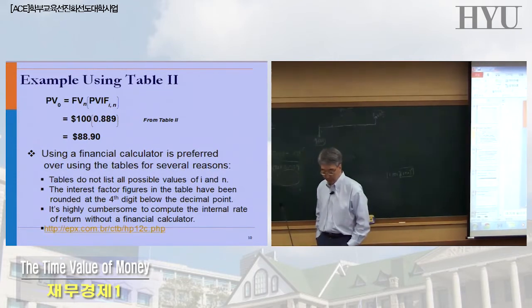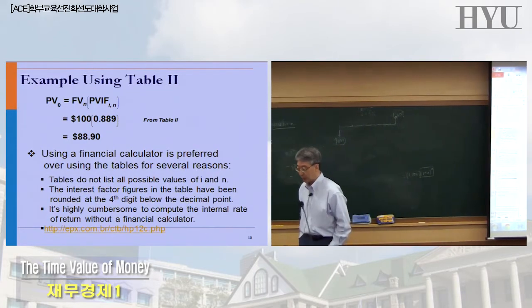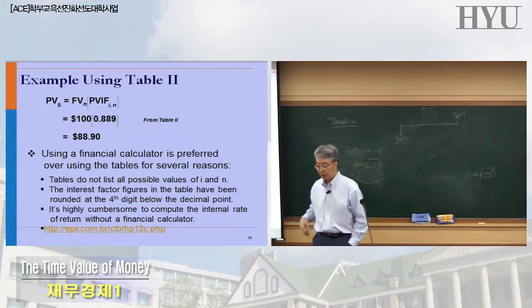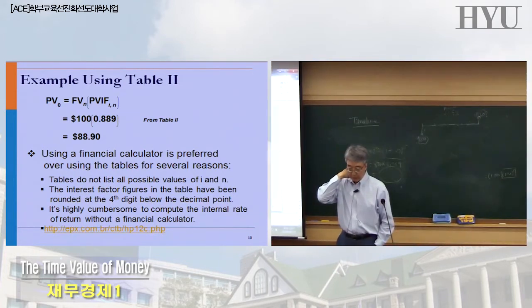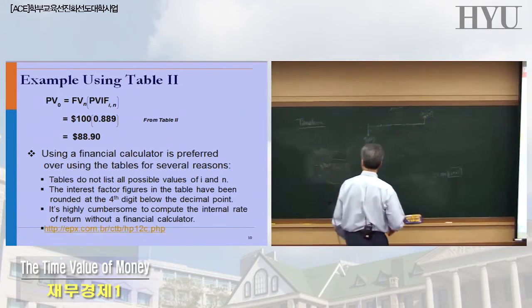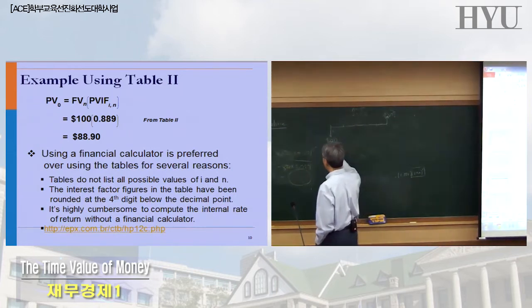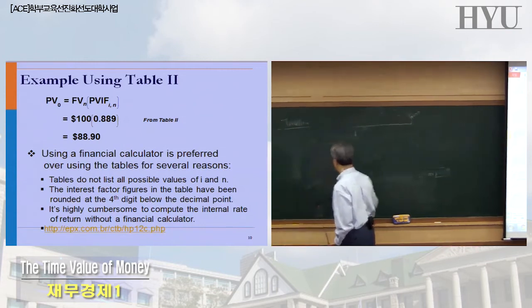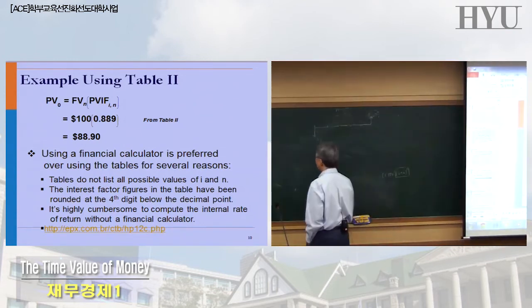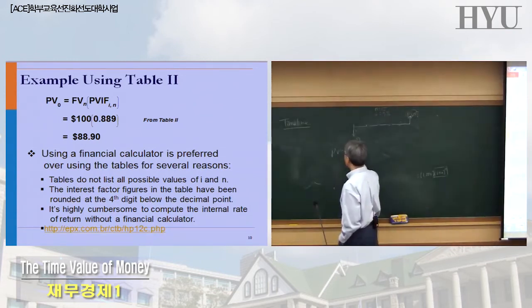The more important problem is that even in this class, you can't use the table in some cases. Let's say I give you this problem. Present value is 800.